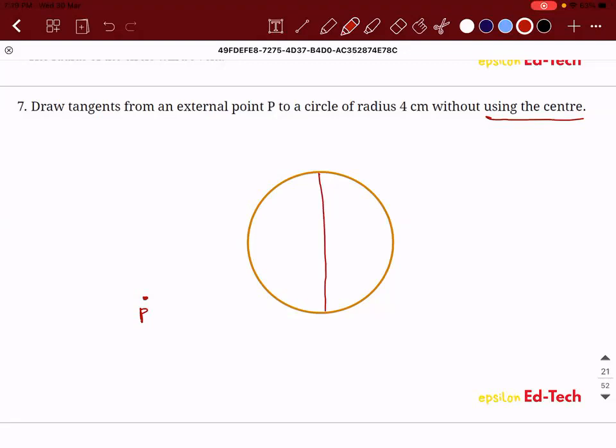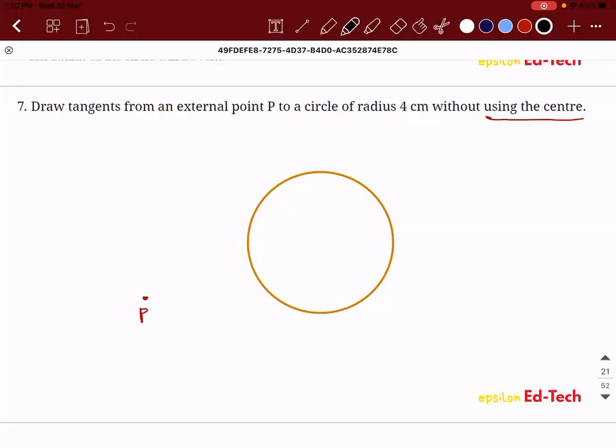Sir, in the diameter at one particular point, I constructed 120 degrees, sir. Then I extended that line to the outer line of the circle, and from that point I drew 90 degrees, sir, because the tangents are perpendicular to the radius.